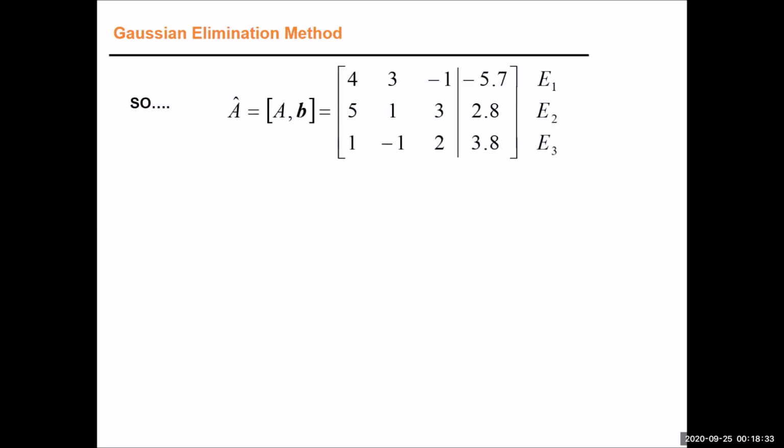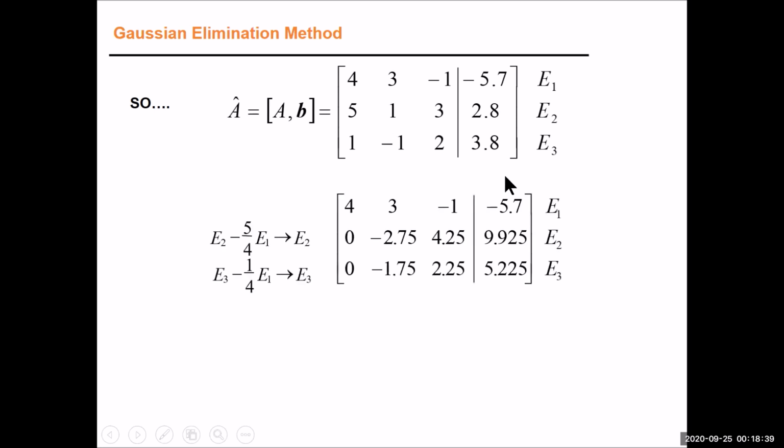So let's try to get rid of the first number here. We want to convert this into zero. So how do you convert this to zero? Now, you can use your ingenuity to try to figure out how to get this to zero by multiplying and then subtracting, but we are not going to do that. We're going to follow a systematic procedure, right?